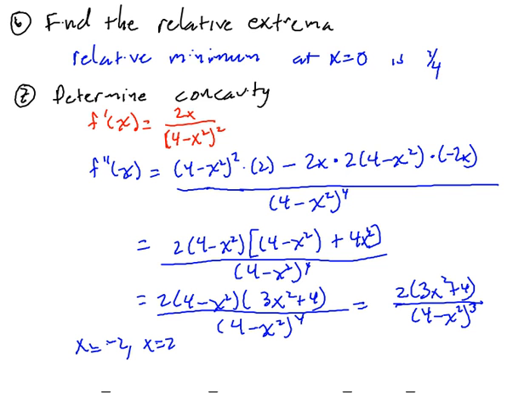Well, 2 is never 0, and for 3x squared plus 4, x squared is positive, times 3 will still be positive, add 4 to it, it would be even more positive. So the numerator is actually never equal to 0. So all we have to look at is the behavior of the second derivative to the left and right and in between negative 2 and 2.